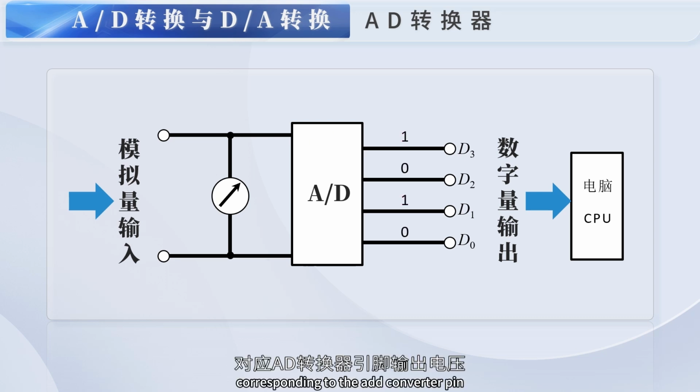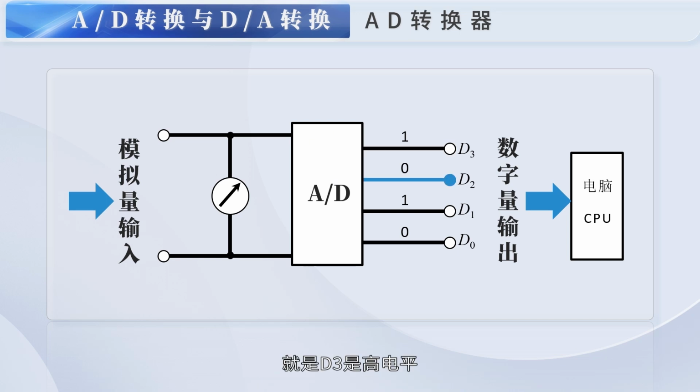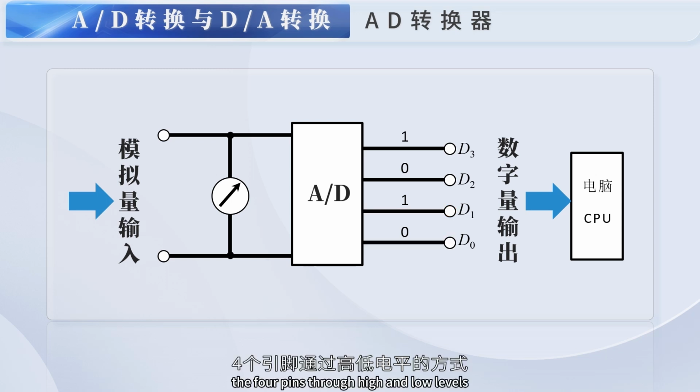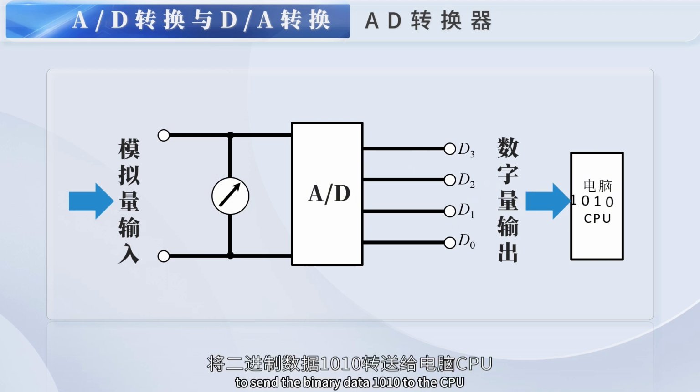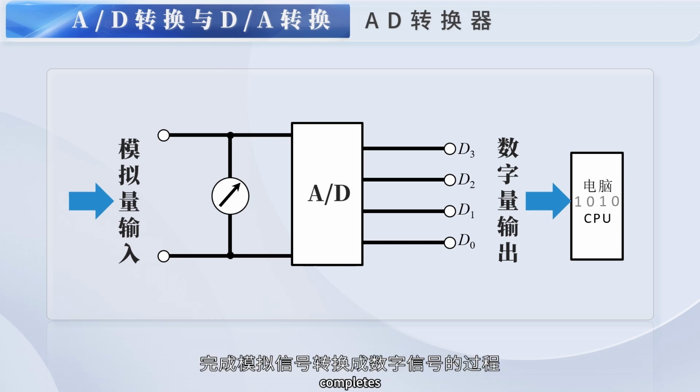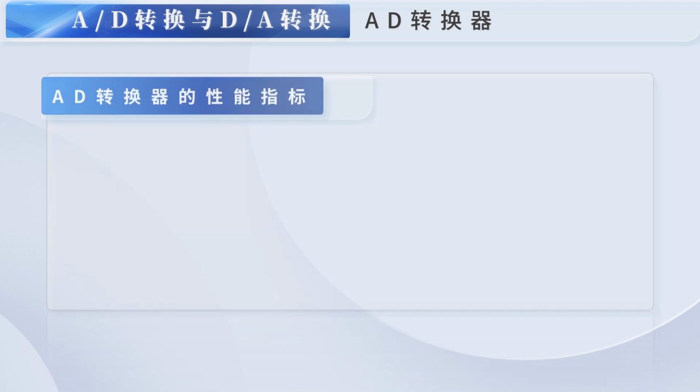Corresponding to the AD converter pins, D3 is high level, D2 is low level, D1 is high level, and D0 is low level. The 4 pins send the binary data 1010 to the CPU through high and low levels, completing the process of converting analog signals to digital signals.